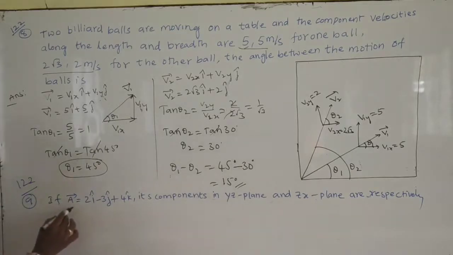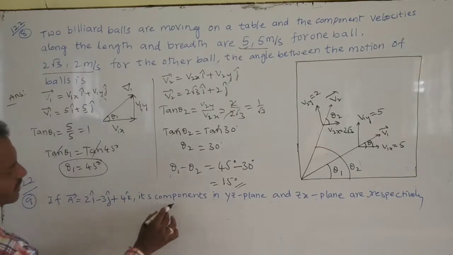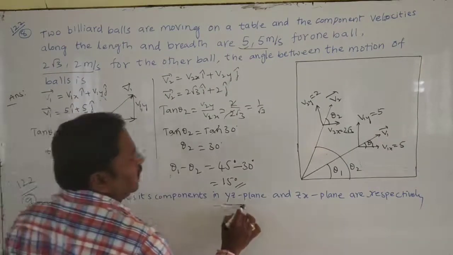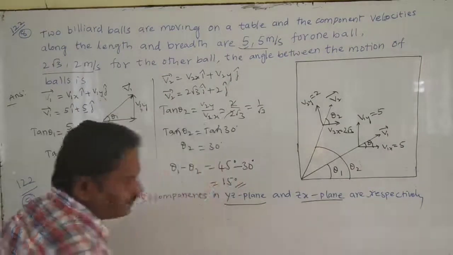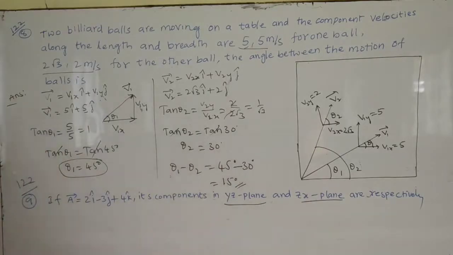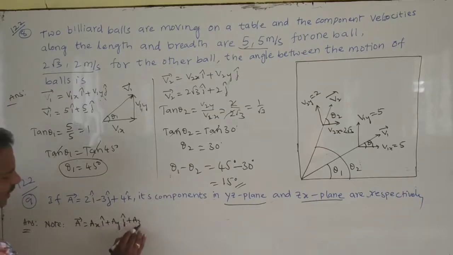Next, if A bar equals 2 i cap minus 3 j cap plus 4 k cap, find its components in the xy plane and xz plane. Let the vector A bar equal Ax i cap plus Ay j cap plus Az k cap.